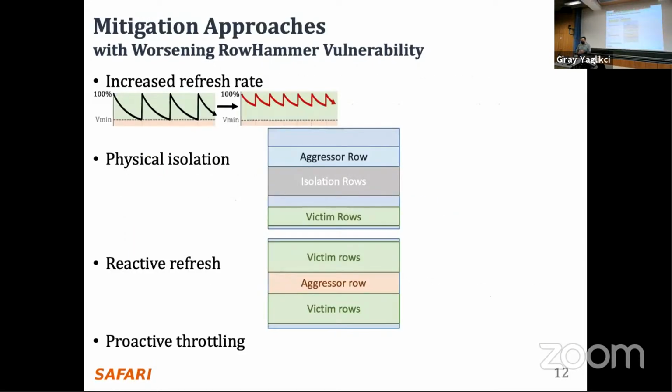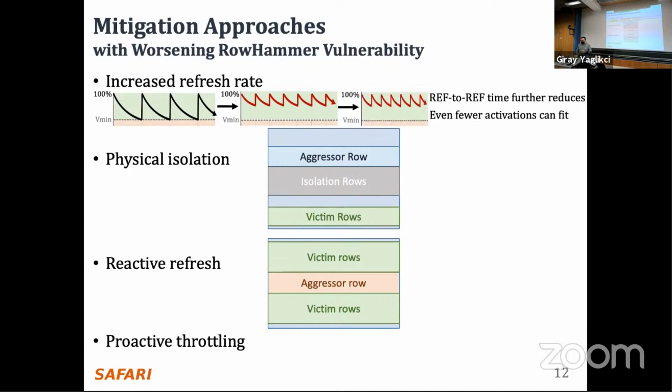To address this worsening RowHammer vulnerability, the increasing refresh rate approach requires refreshing all rows more frequently, and it is not sustainable due to the large number of rows that need to be refreshed. The second approach, physical isolation, requires allocating more isolation rows, which costs more DRAM capacity.